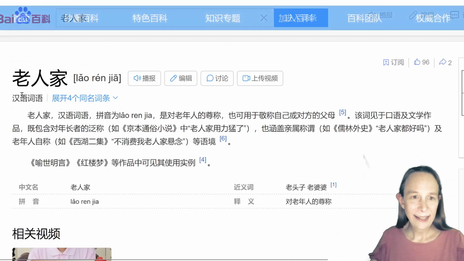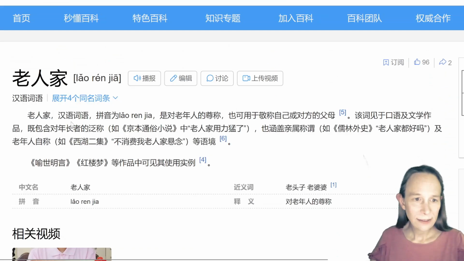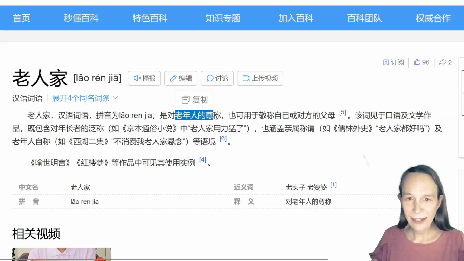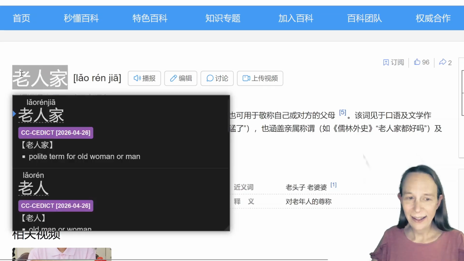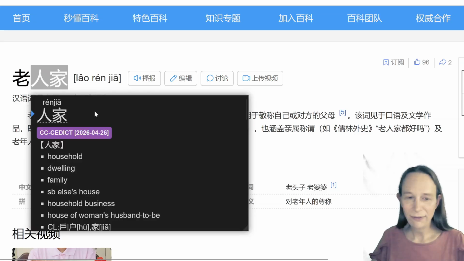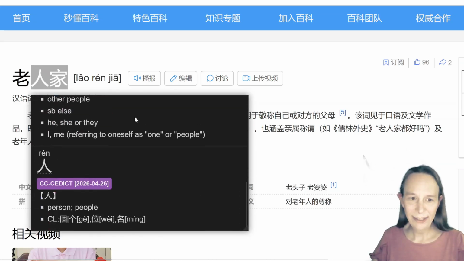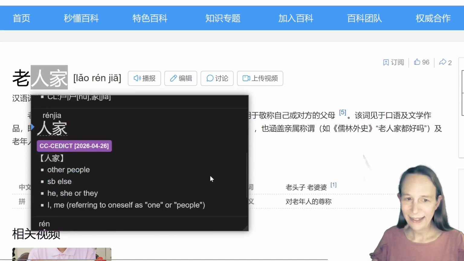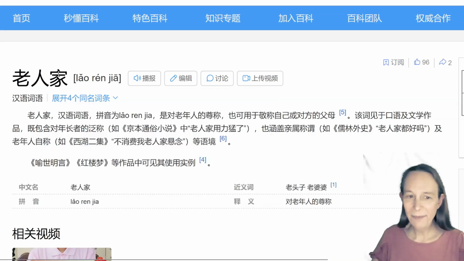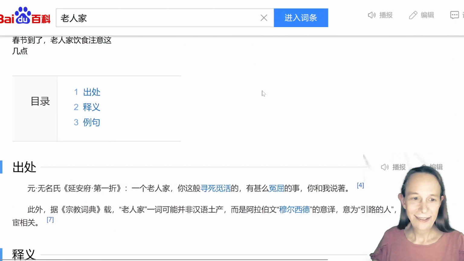Right, what's going on here? 老人家是对老年人的尊称. Okay, so maybe it is just 老 and 人家. Oh, sorry, like 人家 is this pronoun thing. I presume that's what it is, because it doesn't really make sense if 家 means house. 也可用于尊称自己或对方的父母. All right. 老人家.